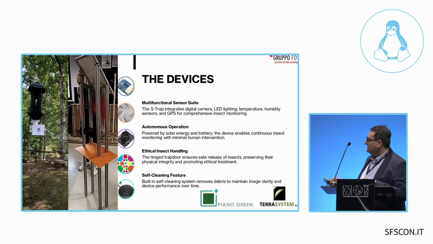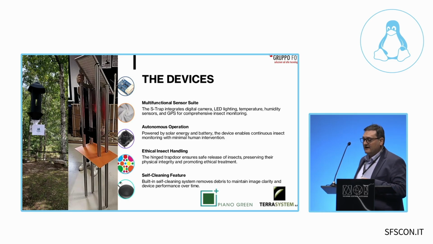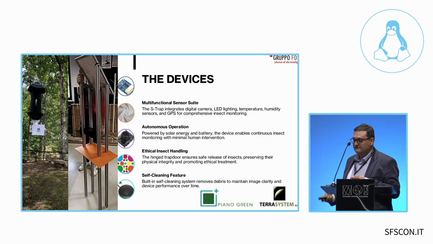Two devices: one for catching and counting the insect inside a box, and one for counting insects attracted by the colors. We also see the quality of the air, and we count the insects everywhere, in the air, on the soil, and other things, even the birds.